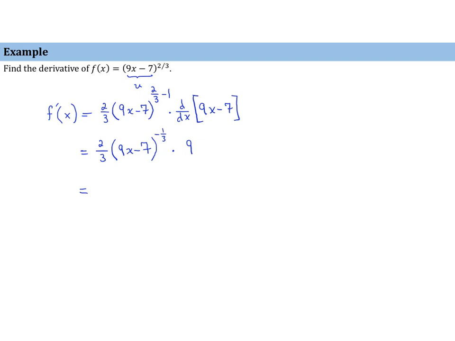We know that 2/3 times 9 is 6 times 9x minus 7, and that's raised to the negative 1/3 power. So we will rewrite this as 6 over 9x minus 7 to the positive 1/3 power. Now we could write that as 6 over the cube root of that quantity 9x minus 7 if we wanted to.